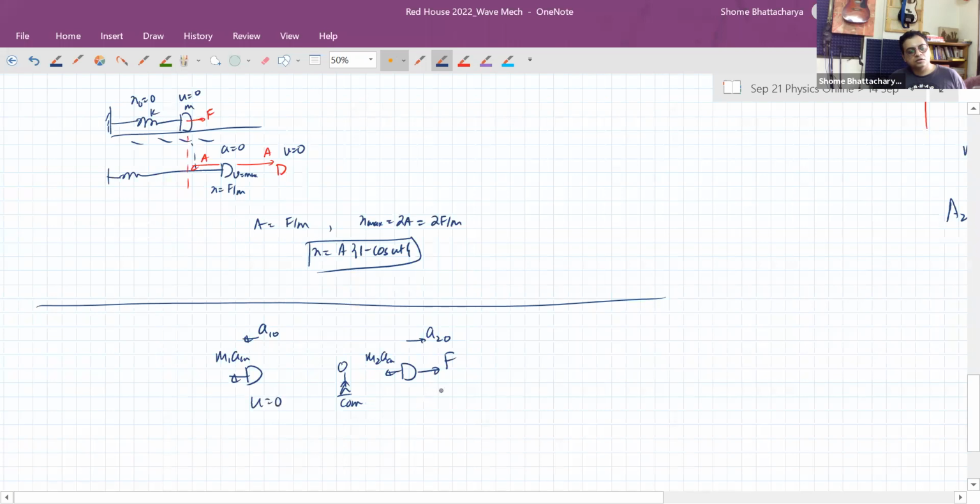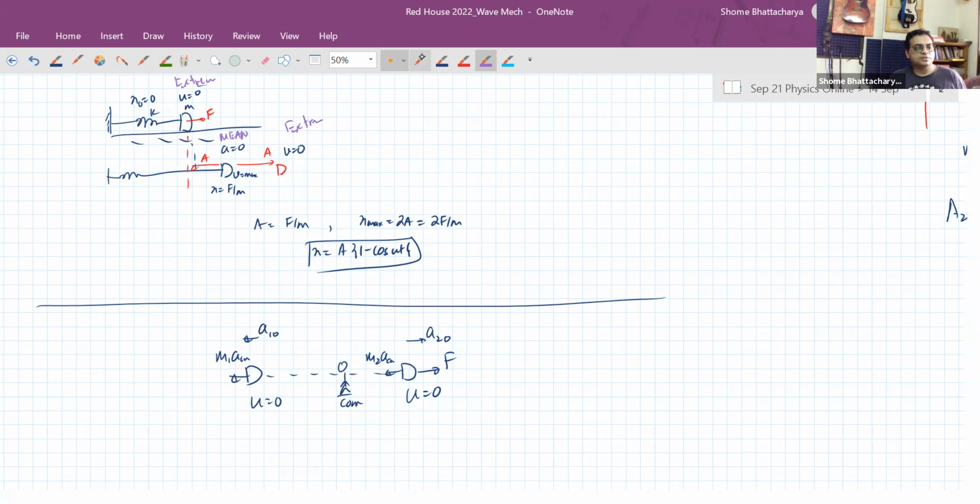This is your extreme position. Like this was your extreme position, and in between here, this is your mean position. On either side, there's amplitude. So like that, this is your mean position. Sorry, this is your extreme position.